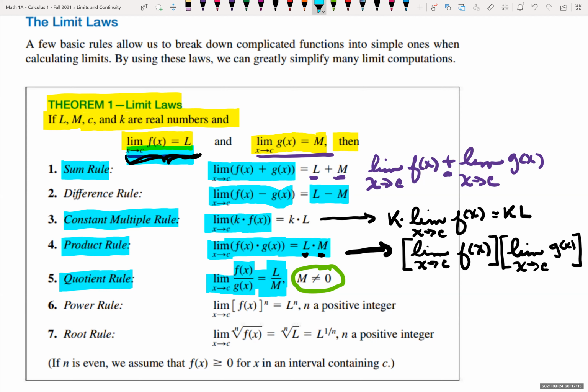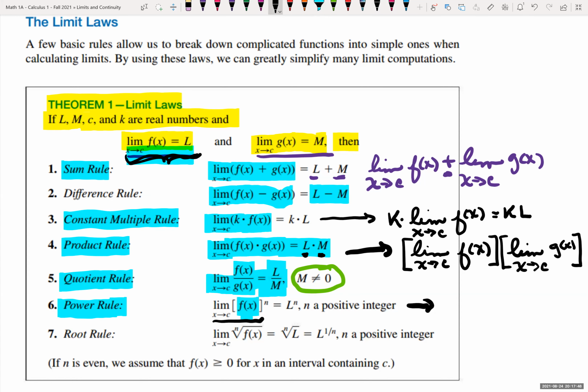The power rule is just saying if you're raising something like x squared, that's a power, right? We're squaring x, or the cubed root of x. Actually, that would be the root rule below. But remember, we could rewrite roots as powers, so that's why I'm just saying that. So that's just saying that we can look at the limit of the function in here, f of x, and then raise the answer to our limit to that power.